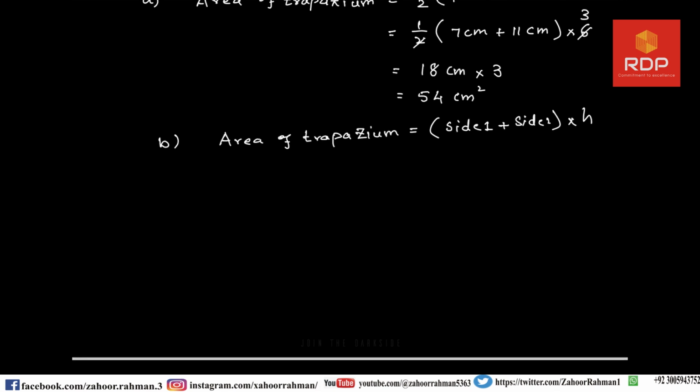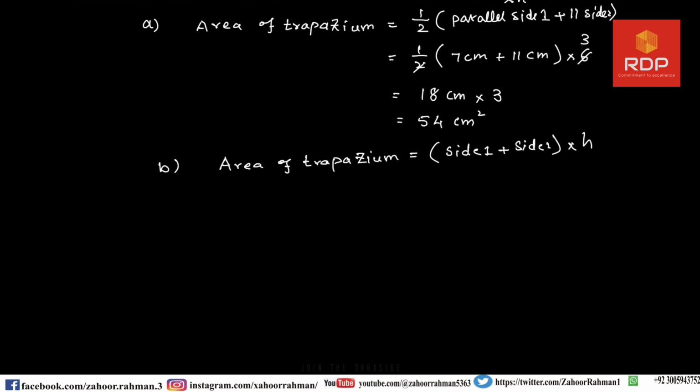So we have to make height the subject, and that will be equal to area divided by the sum of the two parallel sides. All the values are given to us, so simply we have to insert.